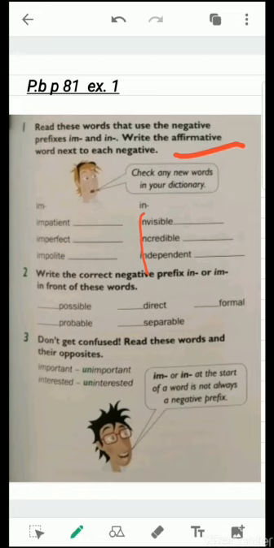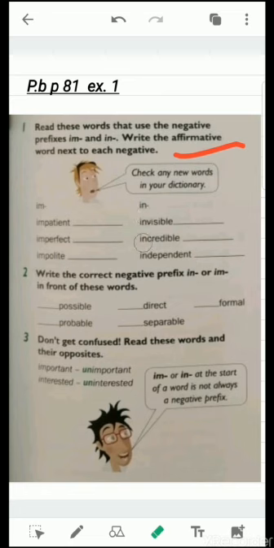Of course, credible is the affirmative meaning. Independent, غير مستقل. We have to write dependent alone in order to give the affirmative meaning. Write them on your pupil book, of course. The next one.